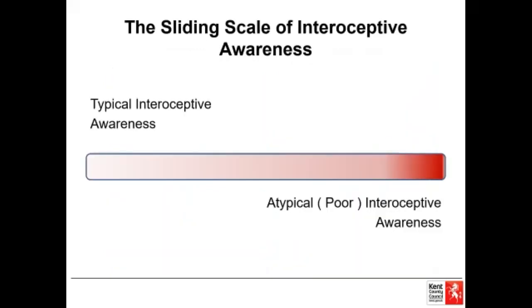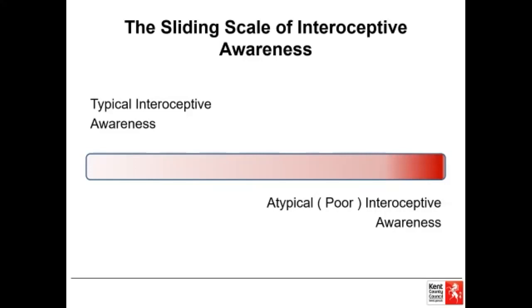Okay, so just going to point something out. The general term agreed for poor interoception awareness, which is what I'm using today, but you would generally be using atypical interoception awareness rather than using the term poor. It's one of those terminology things. I'm using poor today because of being online.